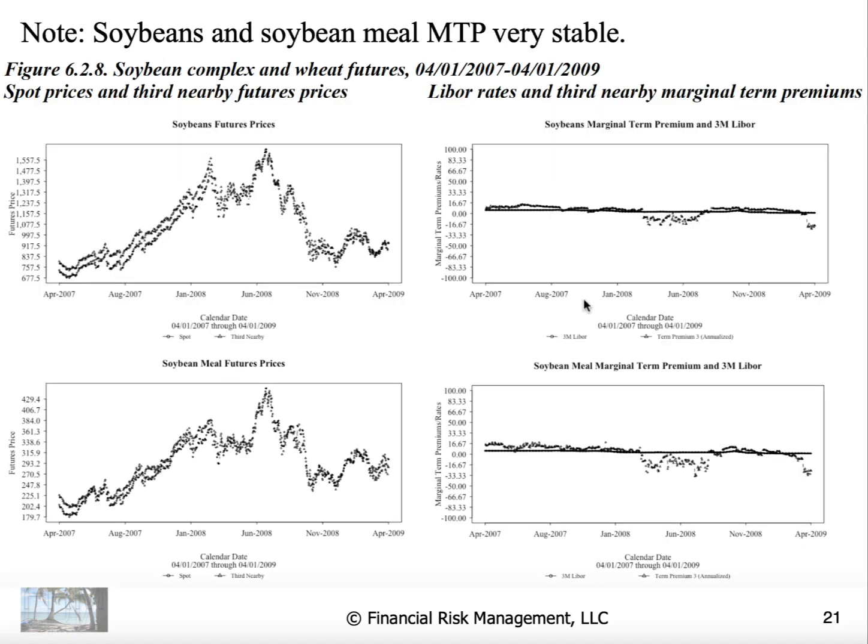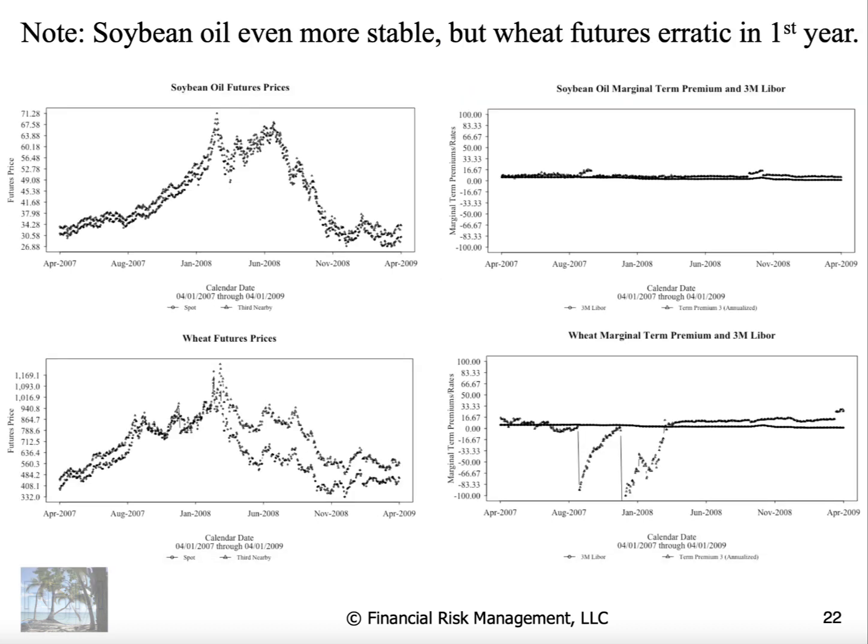And so if we look at the two harvest years under a microscope, we observe that during the world shortage there was a reverse carry available for soybeans and soybean meal during this window of time, but the shortage was not as great with soybeans as it was with wheat.